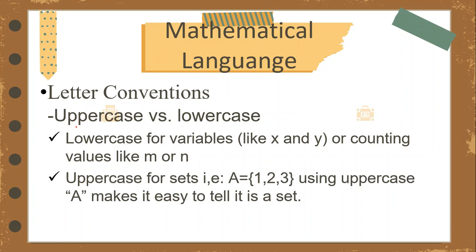For example, set A is equal to {1, 2, 3}. Using uppercase A makes it easier to tell that it is a set. So, uppercase for sets, lowercase for variables or counting values.